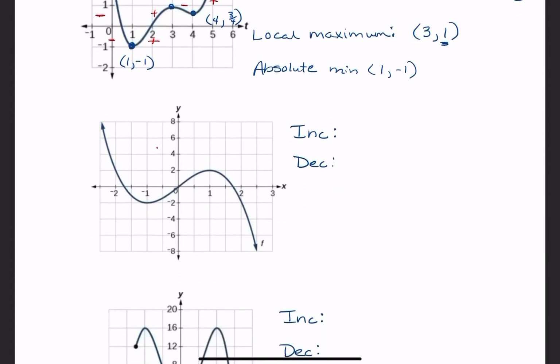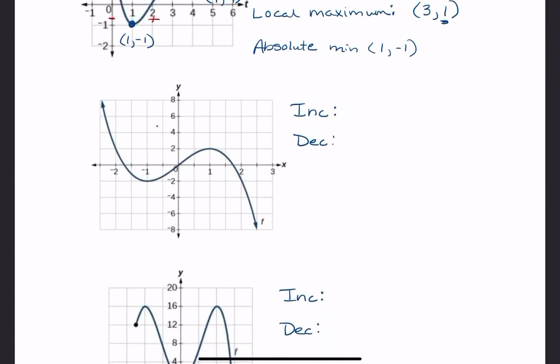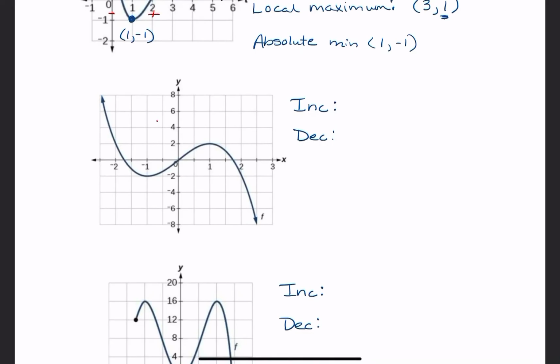On this next graph, you could do the same thing. You're increasing just on this part. So we're increasing from -1 to 1, and you're decreasing everywhere else. So from negative infinity to -1, and then again from 1 to infinity.